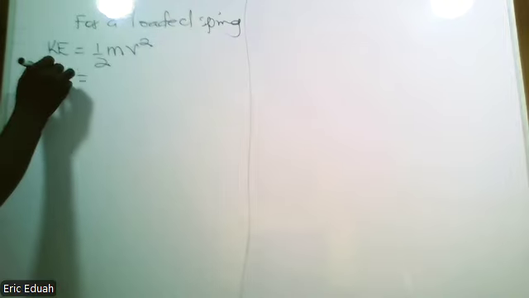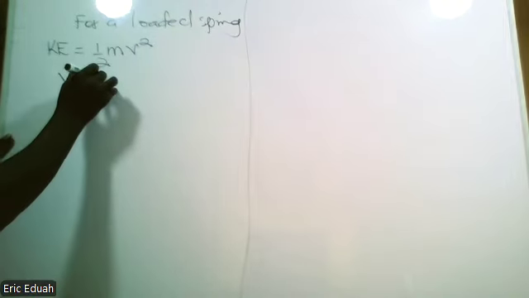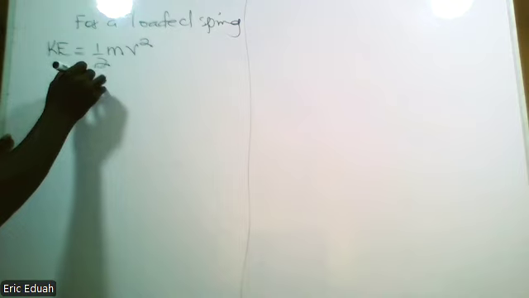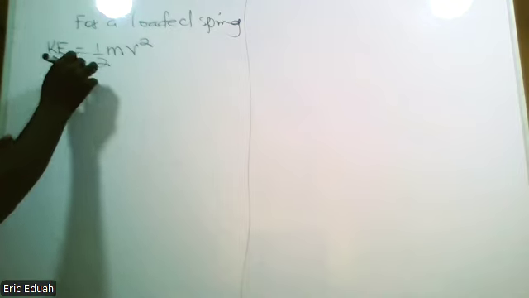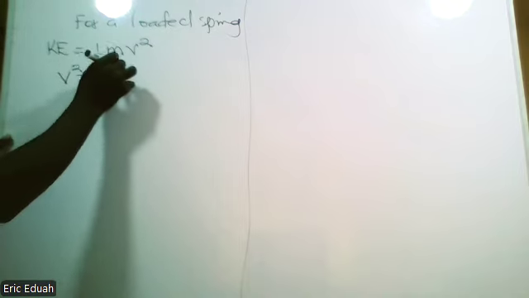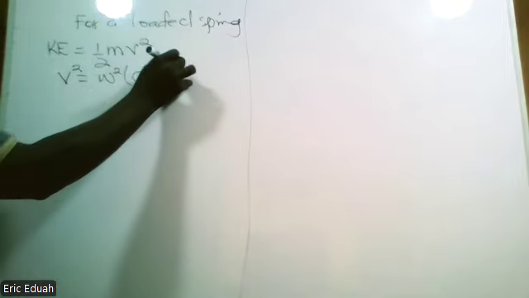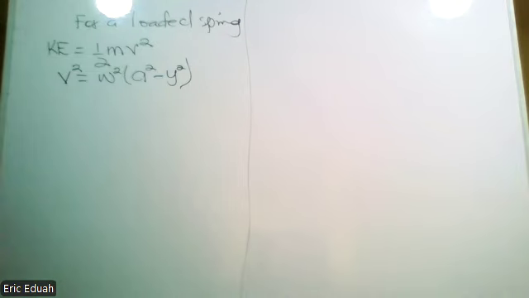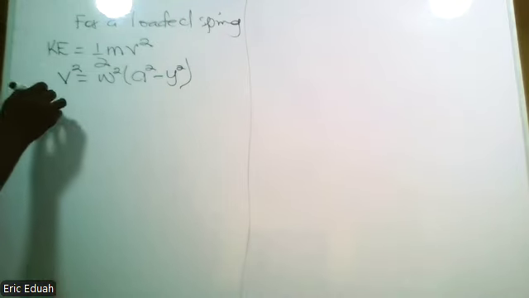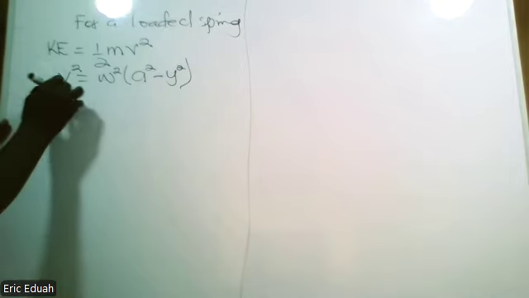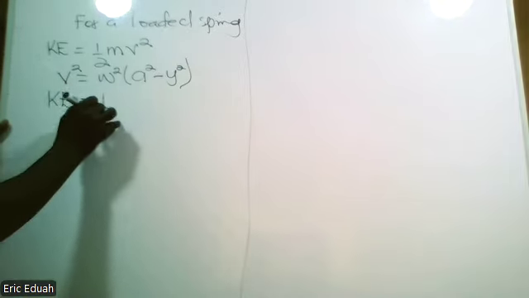but we substitute into the equation the velocity of a body executing simple harmonic motion. v squared is given by omega squared (a squared minus y squared). And this we can substitute into the equation.